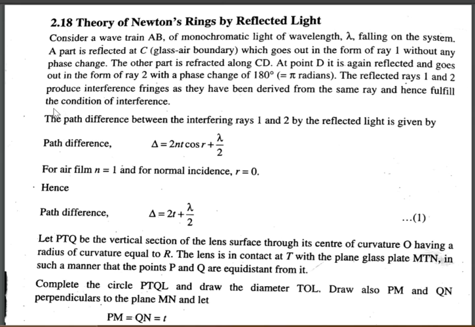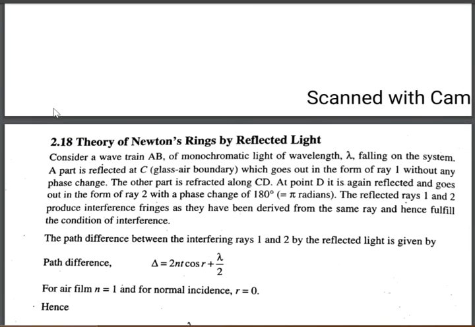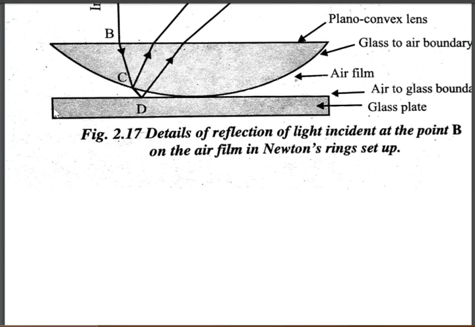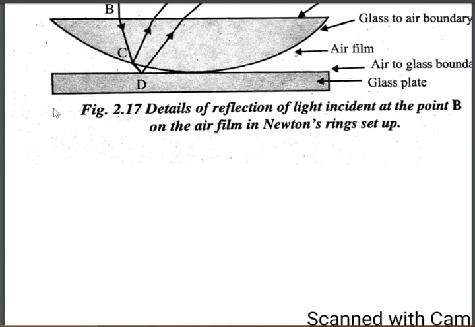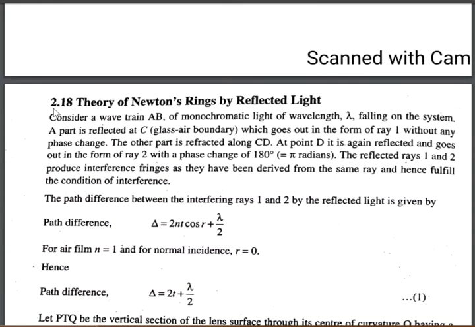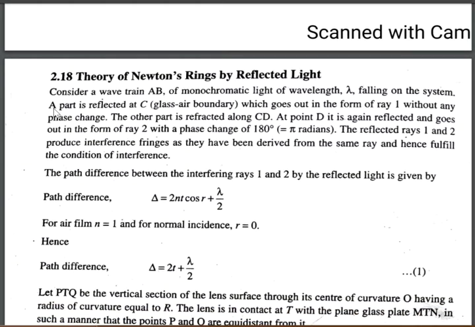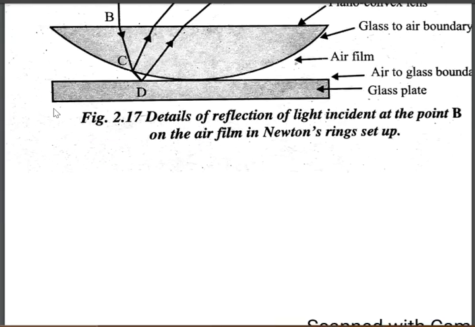Now let us consider a wave train AB. Refer to the previous diagram. AB is an incident wave. Consider a wave train AB of monochromatic light of wavelength lambda falling on the system.